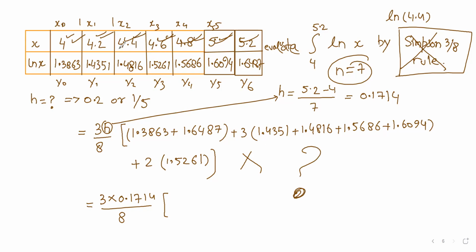There was some missed value, because from 4 to 5 there are how many intervals? There are 7 intervals actually. I don't know why it's like this, but anyway, we can solve it by another method, the trapezoidal method.